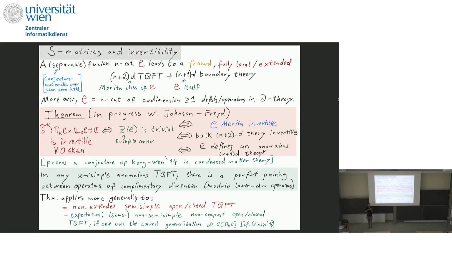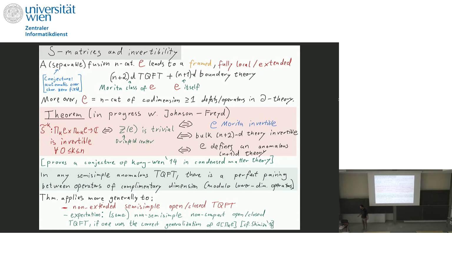Is there some sense in which I can pass to a certain type of quotient where this pairing becomes invertible? Or maybe I have to start pairing non-topological operators, I'm not sure. So that's a general question I have. How far is this something that should be generally true about all kinds of TFTs? Or is this only true for these very particular semisimple ones?